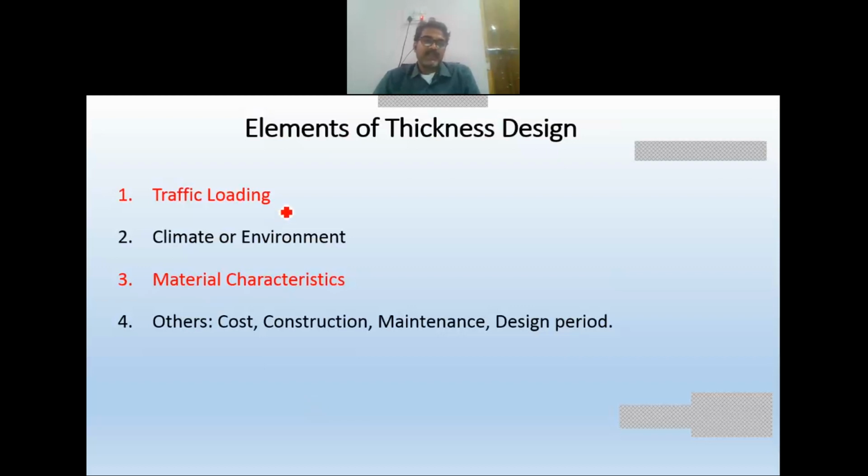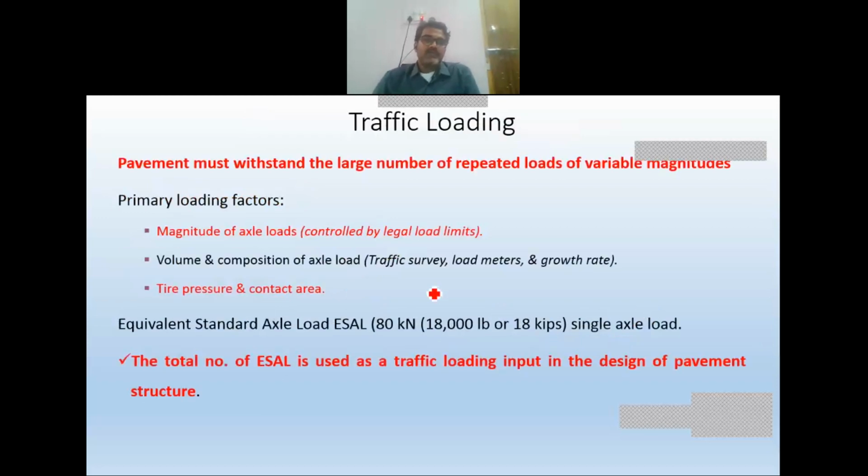The data generally comprises traffic data, climate or environmental conditions, material data, and other data including construction, cost, maintenance, design period, etc. Now, if you see the traffic, we have used different terms in different methods of analysis: the CBR method, the IRC methods, the group index methods, and so on. So each method has its own limitations. So the traffic data may be used depending upon the method used.